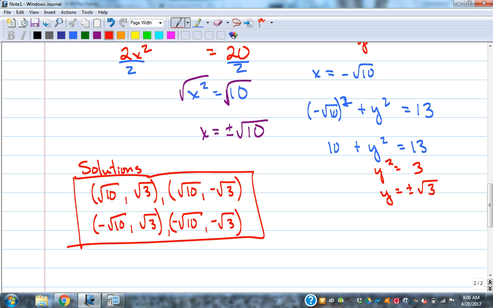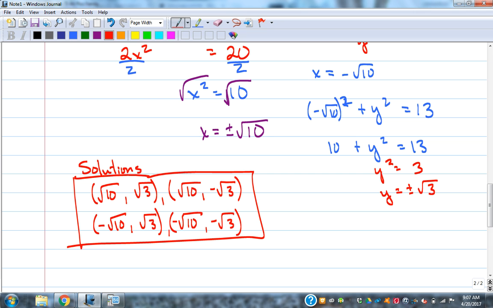When I first solved the positive square root of 10 for x, I got this ordered pair and this ordered pair. Then this part is where I plugged in negative square root of 10, and I got these two ordered pairs. Because we didn't get the square root of 3 first. We got the x values first. So that's why I'm plugging those in.